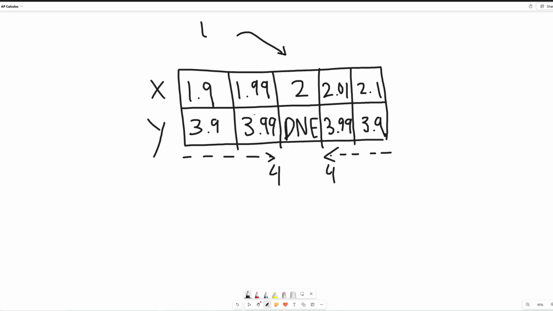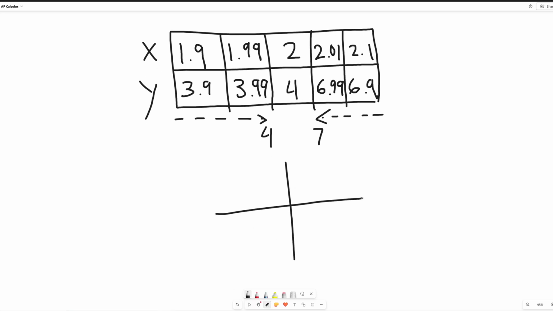So you can say the limit as x approaches 2 is 4. However, if I were to change these numbers to 6, suddenly this limit is not approaching 4. This limit's approaching 7. This limit is not going to exist. And it's the same concept even if 2 is defined, and even if 2 is connected to one of the sides. 2 is 4 here.